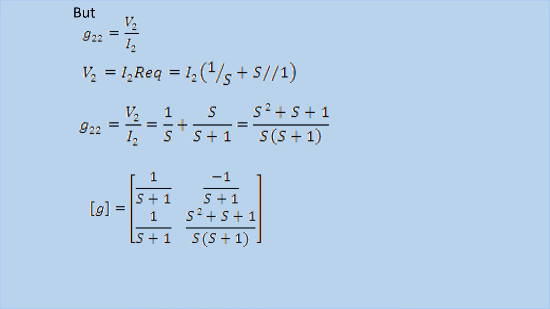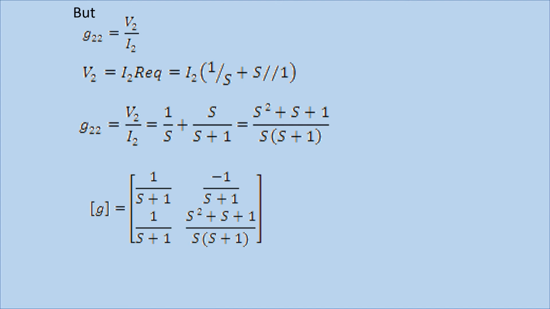Now to calculate our G22, which is the short circuit output admittance, it equals V2 over I2. Remember that V2 is the voltage in the circuit, and using Ohm's law, V equals IR. Our V2 will be I2 multiplied by the equivalent resistor.